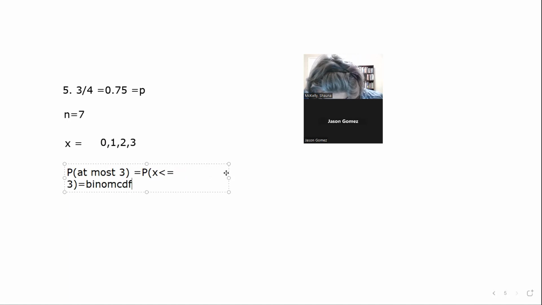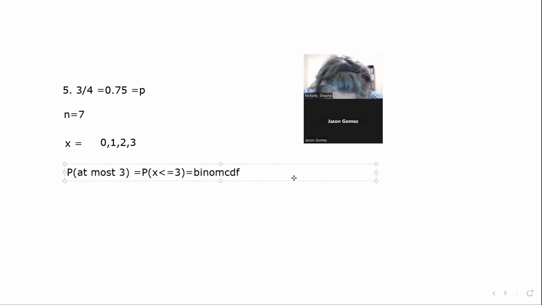So this is binomial CDF. We have 7 people. Our probability of agreement is 0.75. And we're looking at most 3 people. So 7, 0.75, and 3. Make sure you're using the CDF function.